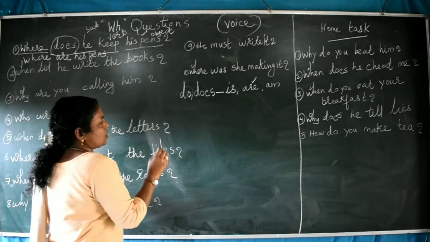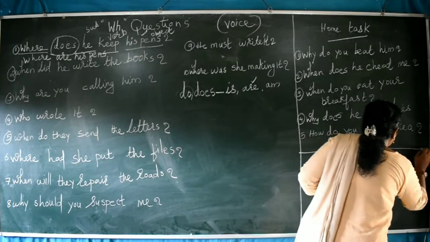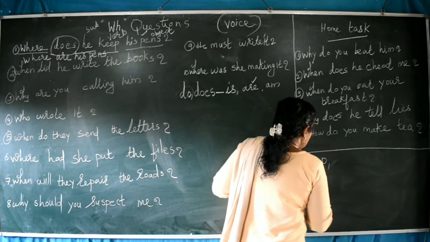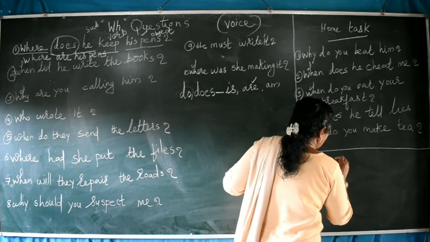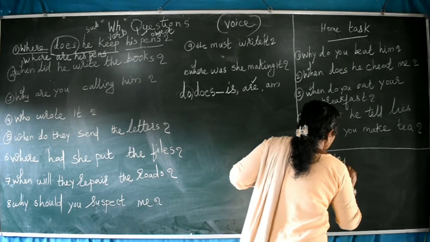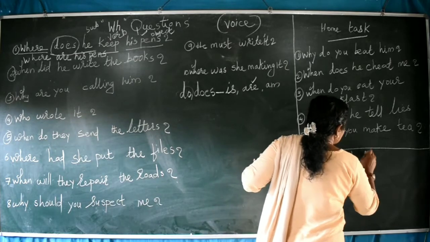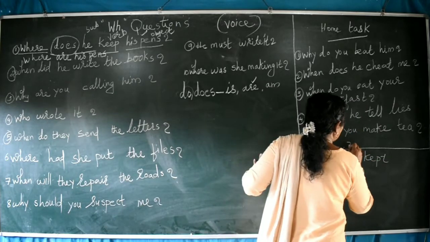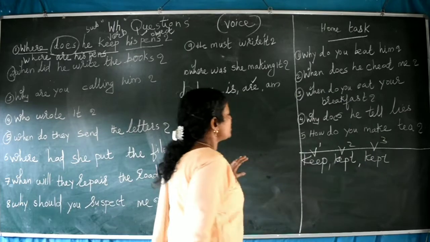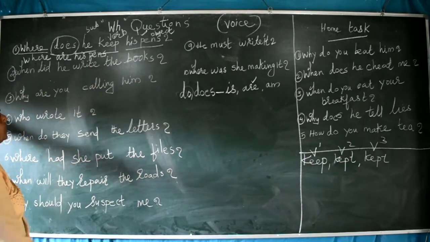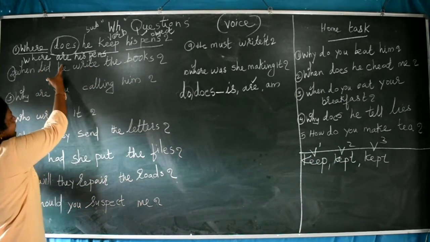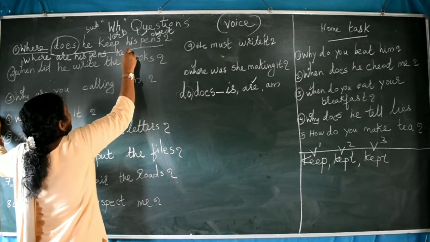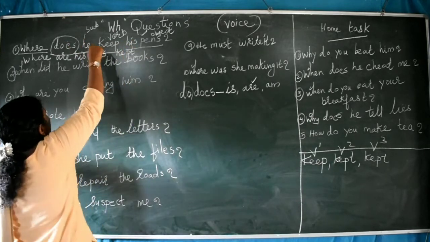And as I said earlier, we will always use the verb third form. What are the other verb forms of keep? Keep, kept, kept. So this is V1 form, this is V2 form, this is V3 form. So the V3 form will be used: where are his pens kept by him.